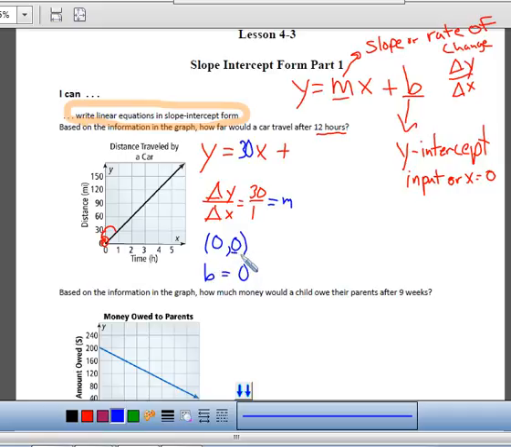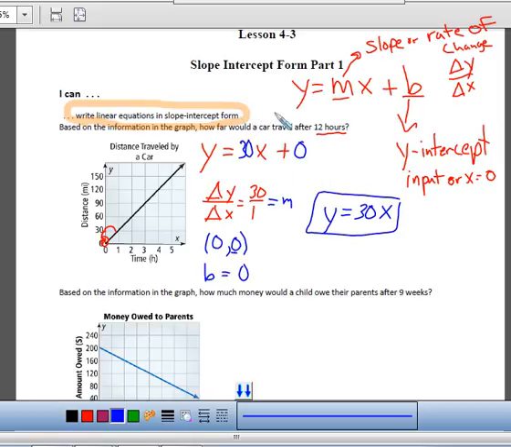The y value here is 0. Now, some of you might be saying, well, yeah, but in an equation, we don't need to write plus 0. You're absolutely right. So the final equation that we're going to have is y equals 30x. And you don't have to put plus 0. So there's the answer for writing the equation in slope-intercept form.